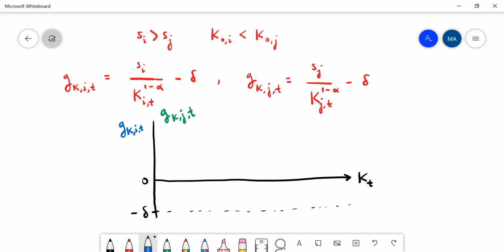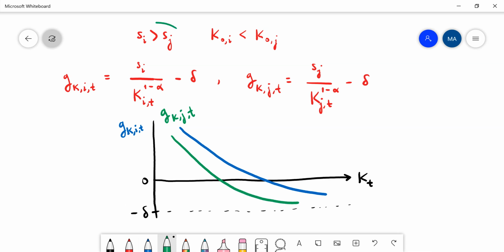Now, what I know is that country I will have a larger steady state level, because of this.